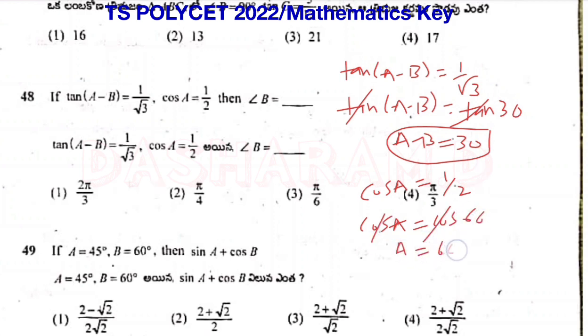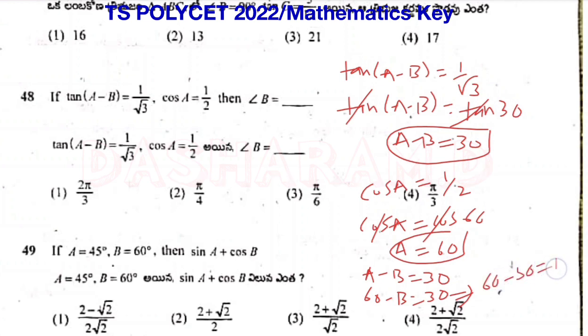Cos cancels, then A value is 60 degrees. Substitute this A value in this. So A minus B equals 30, A value 60 minus B equals 30, which implies 60 minus 30 equals B. Then B equals 30 degrees.